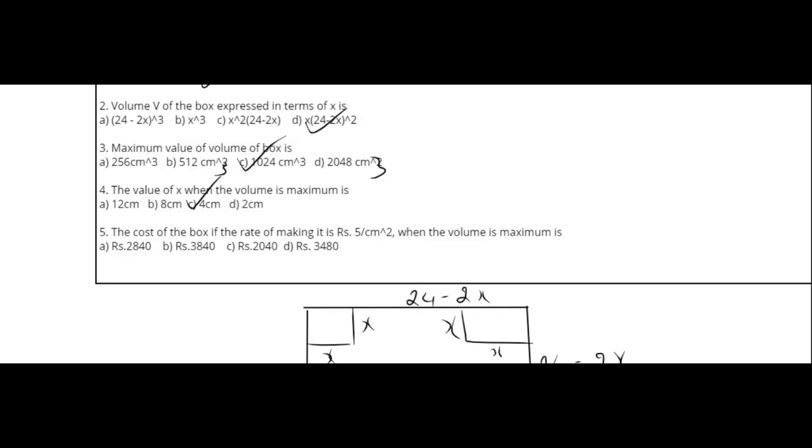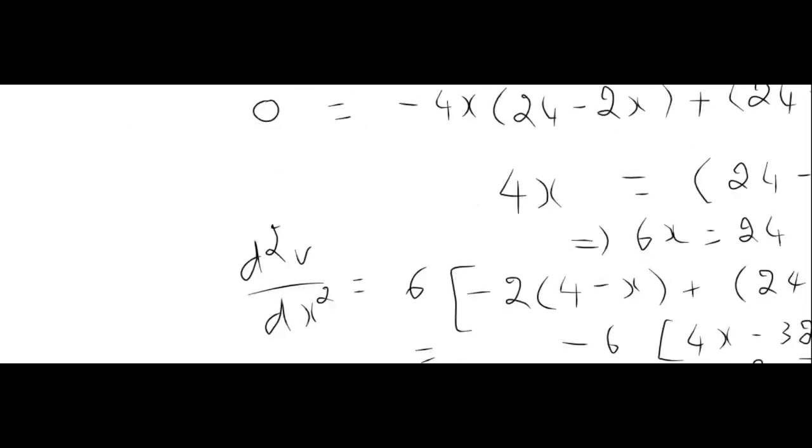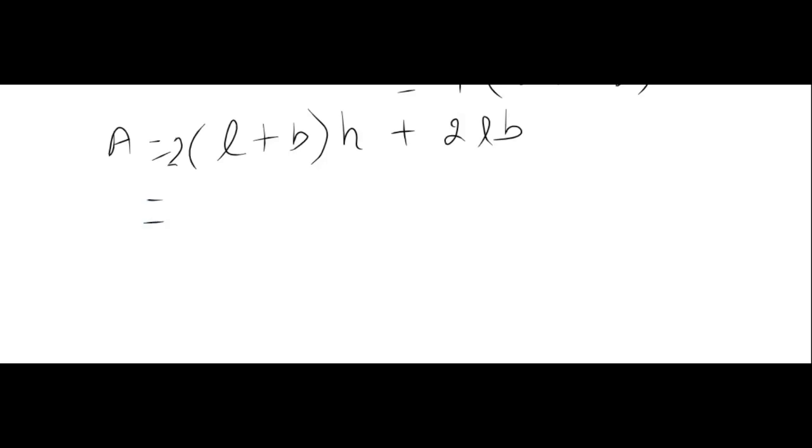Surface area of the box we know is given by A is equal to 2 into L plus B into height plus 2LB.